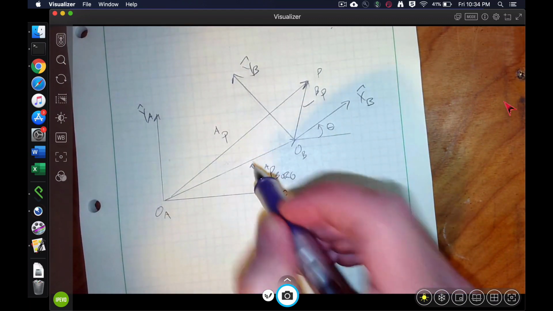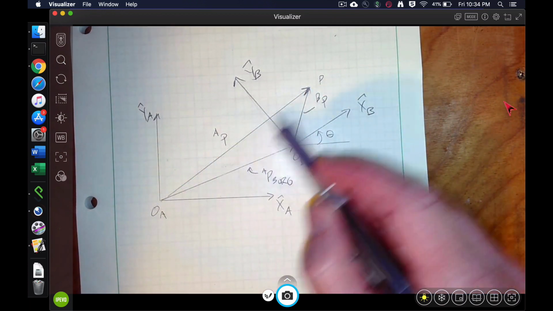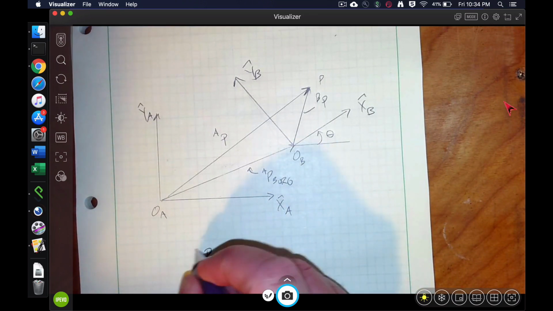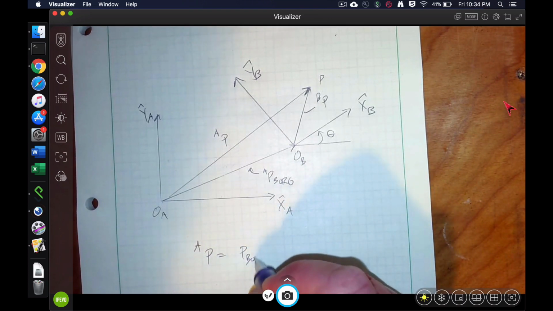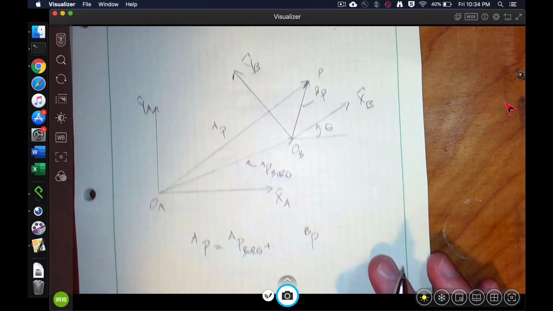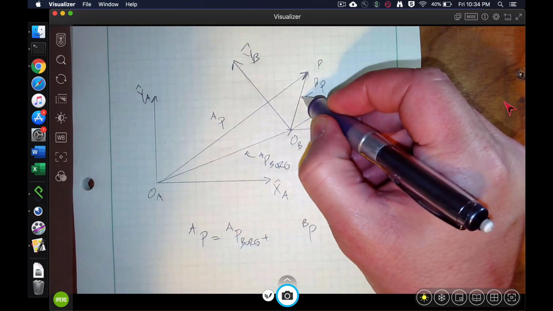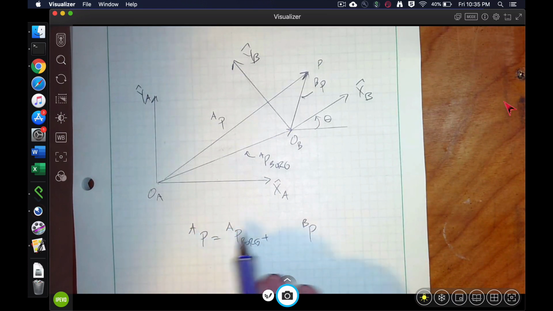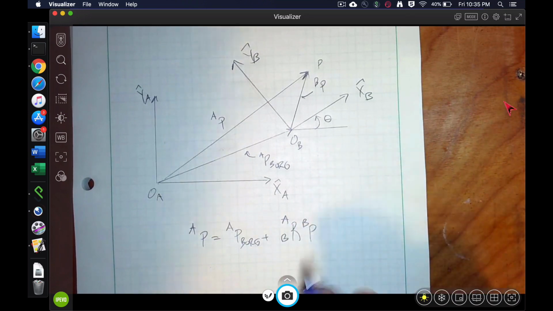We know, hopefully from physics, that if I take 2 vectors and add them head to tail, I can write that P_A is equal to P_B org A plus P_B. The problem, though, is that I'm not allowed to add vectors together if they're in different frames. So I also need to rotate frame B into frame A components first, and then I can add them together.